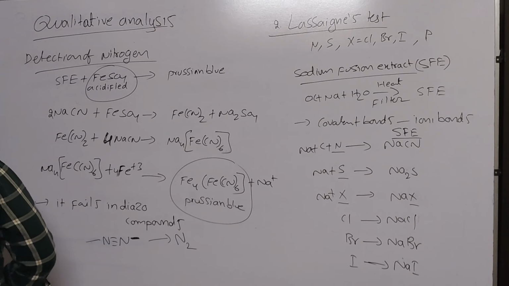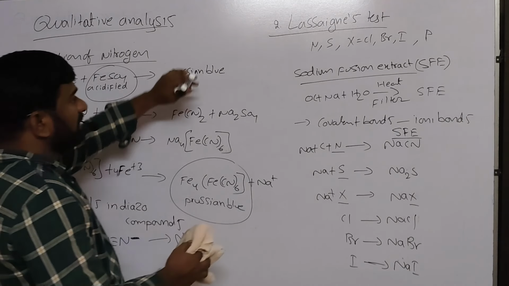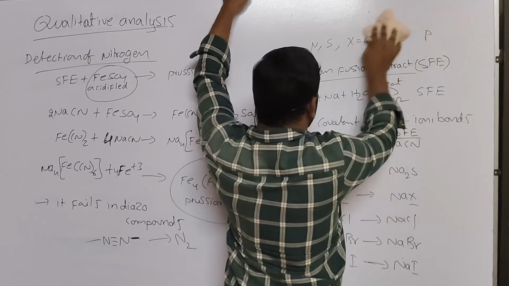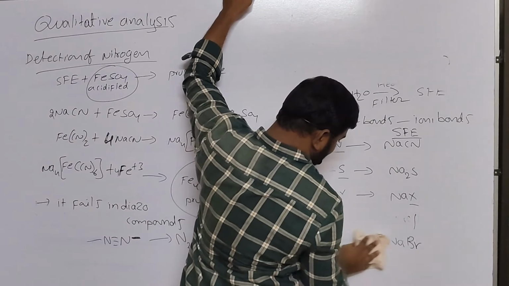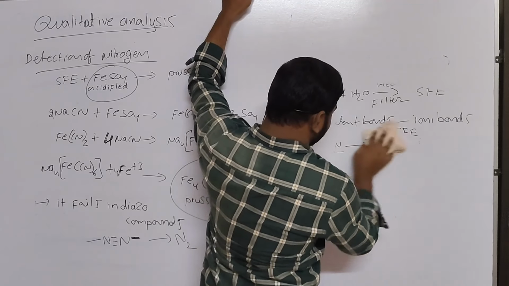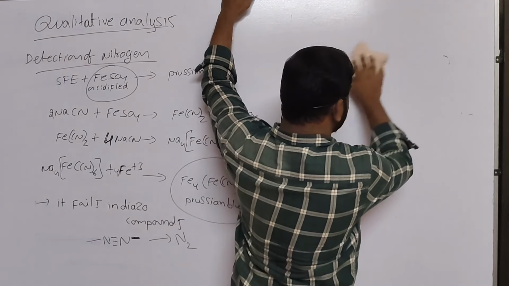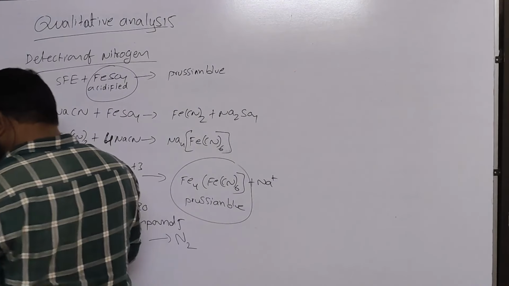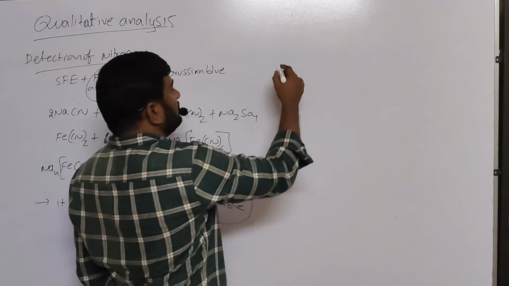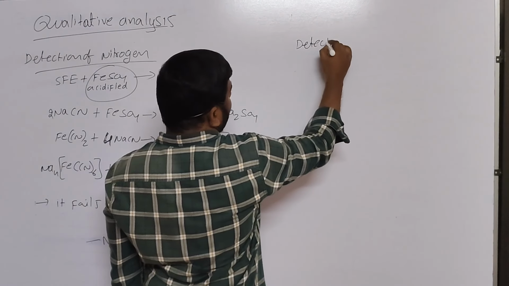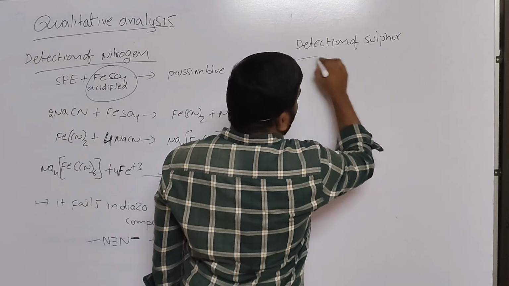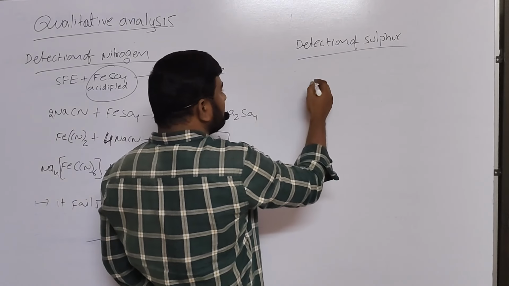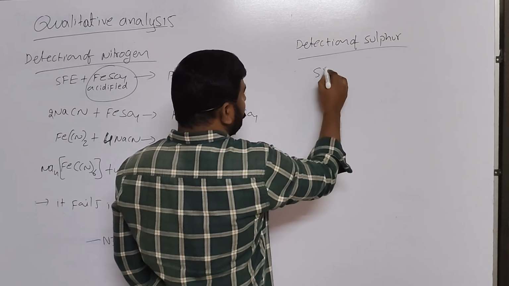Okay, so this is about nitrogen. Next is sulfur. How can we detect sulfur in a given organic compound? Detection of sulfur: to the SFE, we have to add lead acetate.